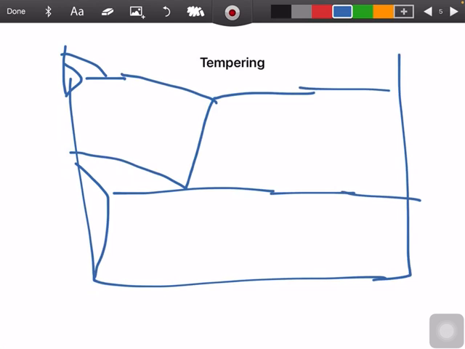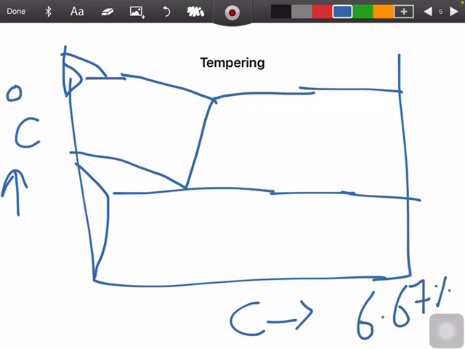These are different temperature ranges in degrees centigrade, and there are different carbon percentages. The maximum percentage of carbon is 6.67% in iron, which is cementite, and the other is iron.